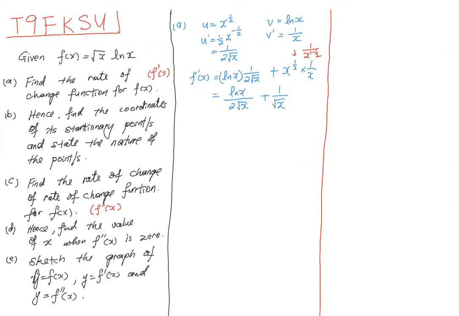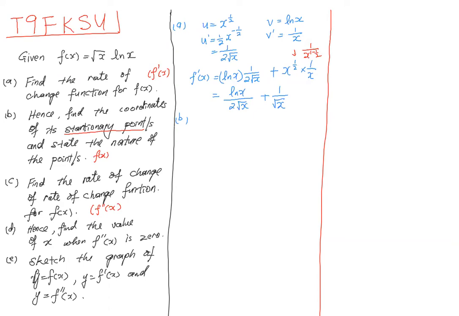So I'm going to do part B. For part B, we always have to remember the moment they ask for the stationary point of this function f(x), so what should we do?